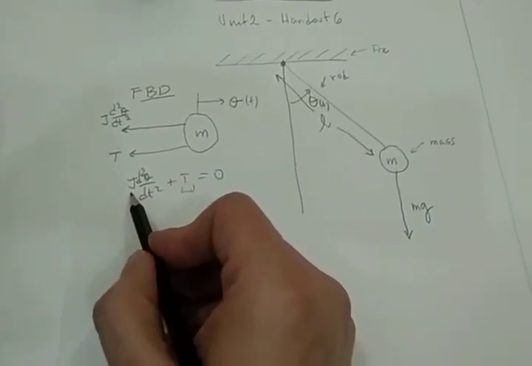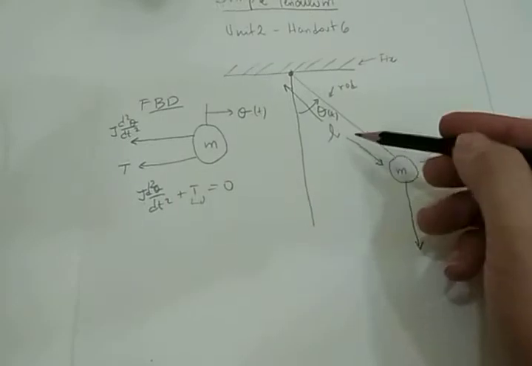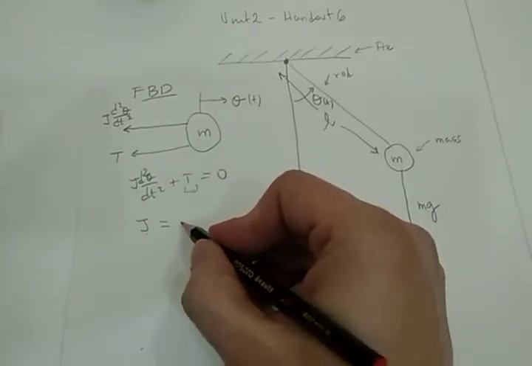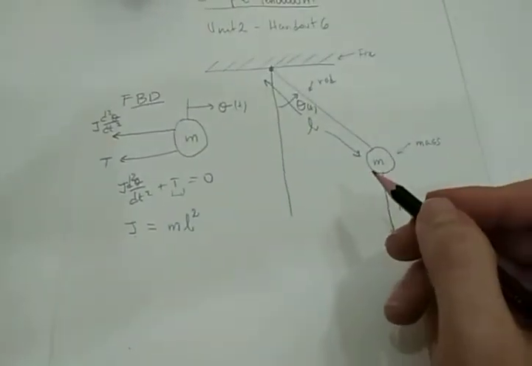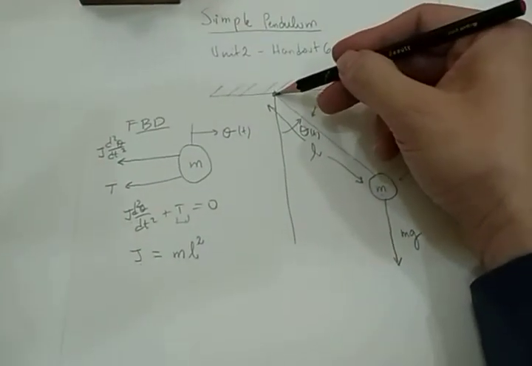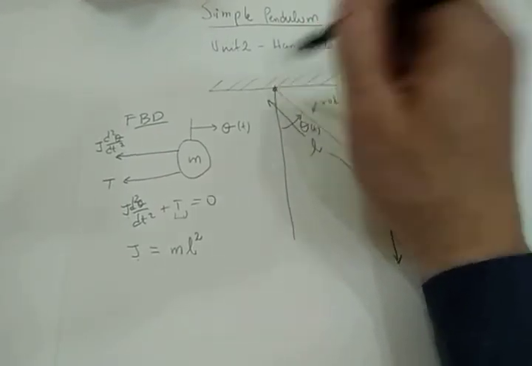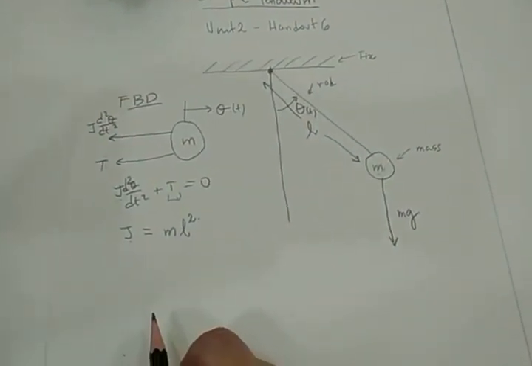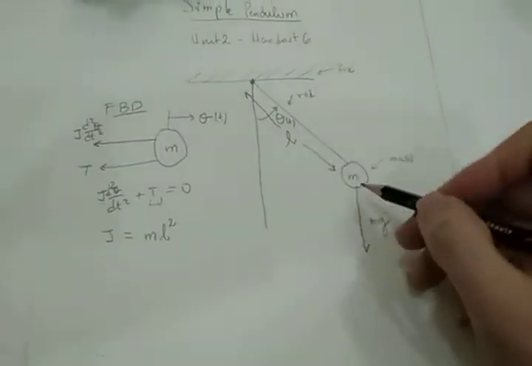Usually we assume this moment of inertia is constant and known, but in this case, because this is very simple, J will be m, the only mass here, times this distance L square, because this is the distance from this m to this point. Okay, that's fine.